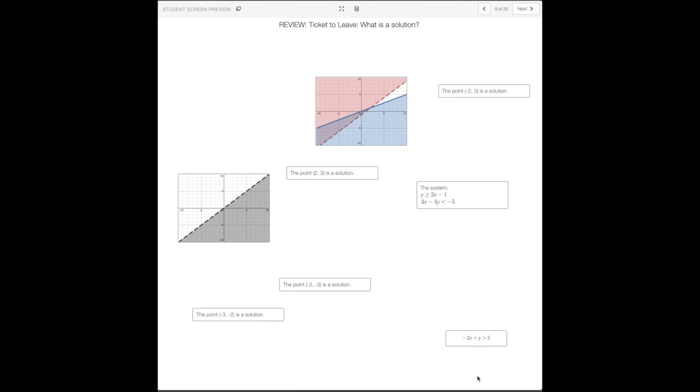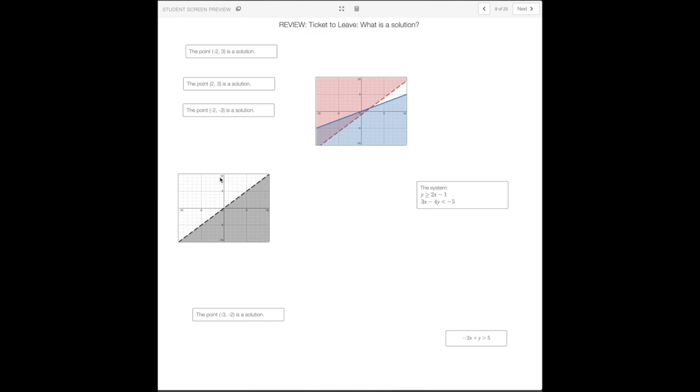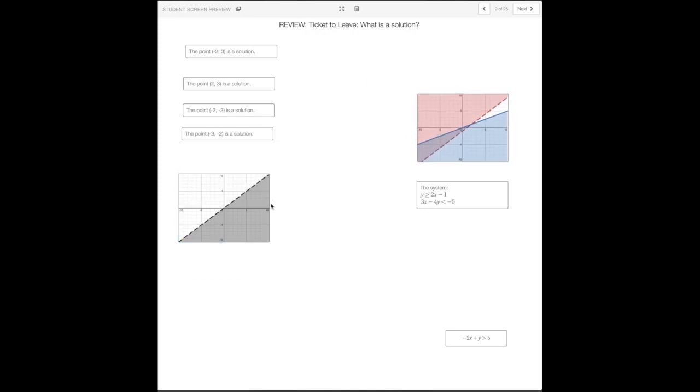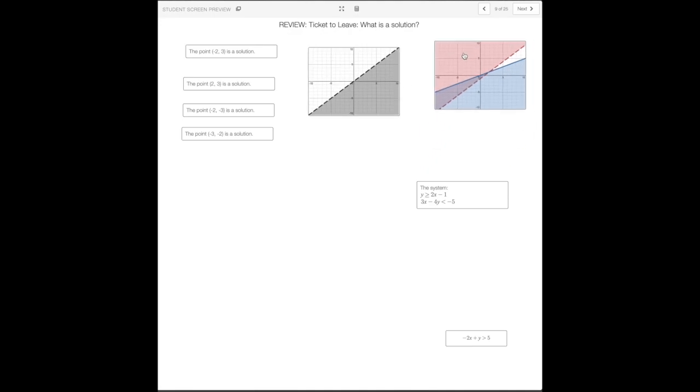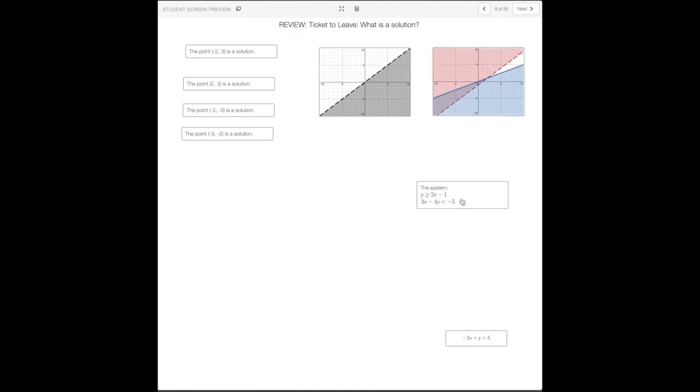All right, ticket to leave. What is a solution? Okay, so each card is going to be matched to one other card. And the first thing I like to do is I like to sort my cards. There's a point on here, there's a point on here, a point here, and a point there. I have two graphs. Okay, so I'm going to move those together. And then I have a system, and I have just a simple linear inequality.